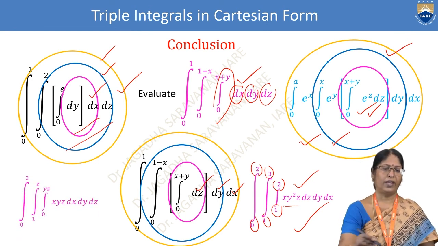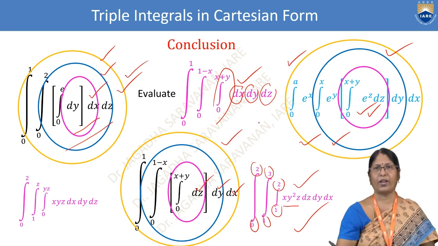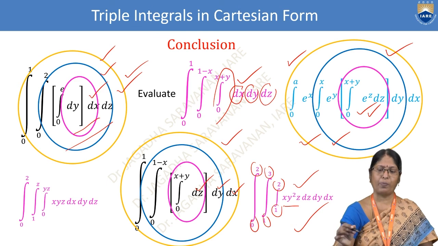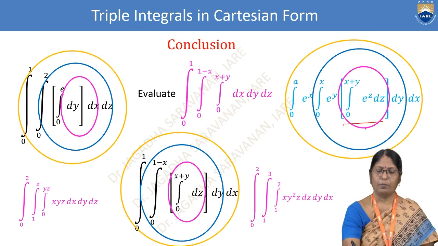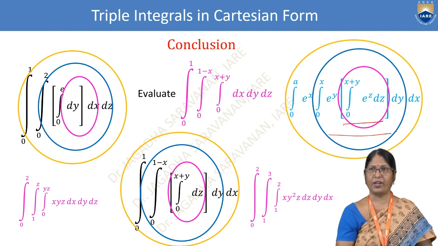And the innermost, this is the method we used. Separate. If it is a triple integral also, we make it into single integrals, substituting in the particular places, and we did the integration.